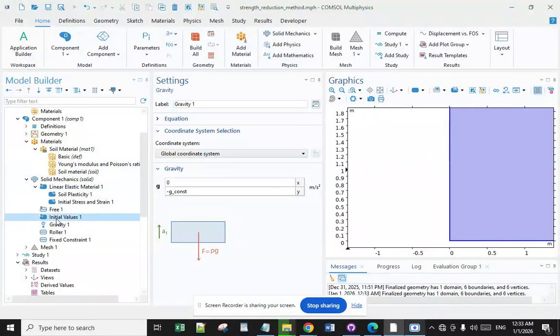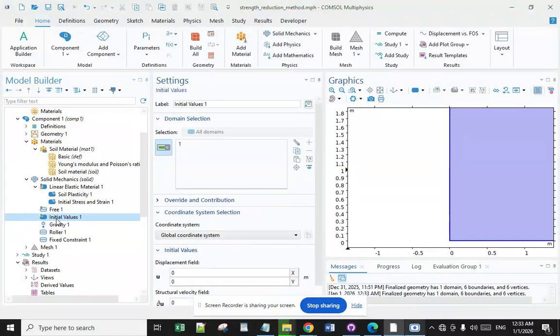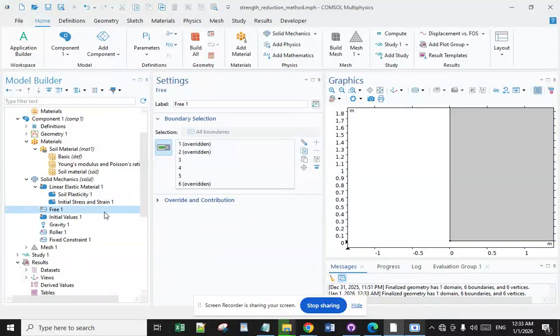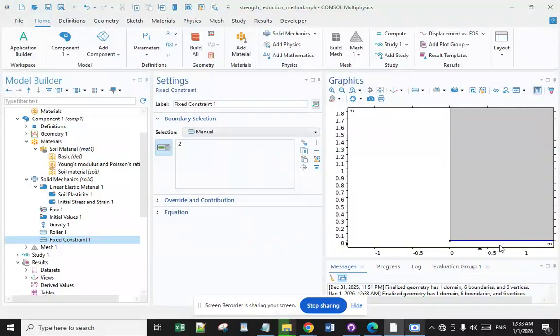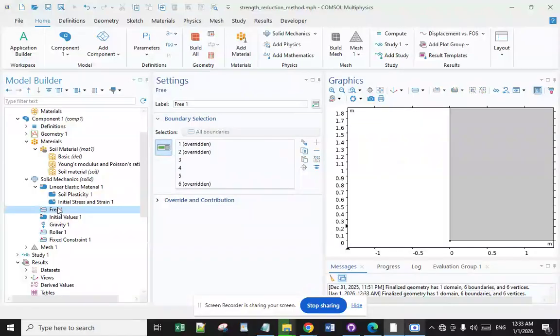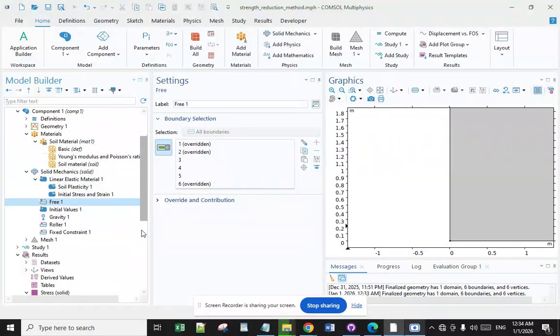We have initial values, and also we make a part of this geometry free, and we make some part fixed. The bottom is fixed and it's not collapsing, but the free part can collapse.